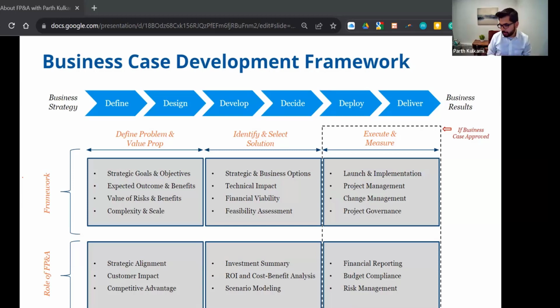So going back to the eBay business case, now that we had established the business problem, the second step that we took was we started outlining the different do's and don'ts.